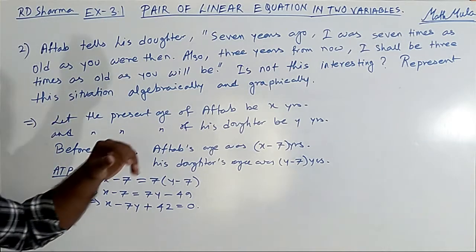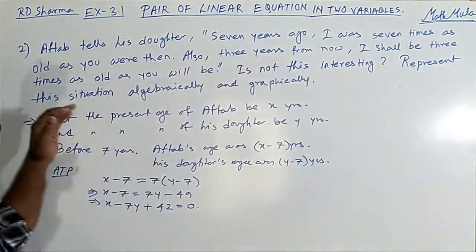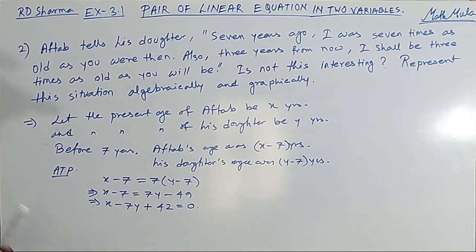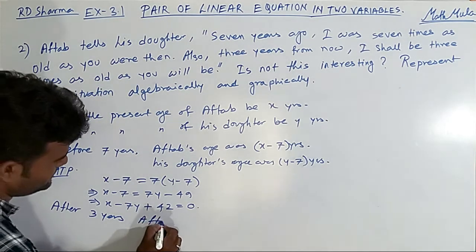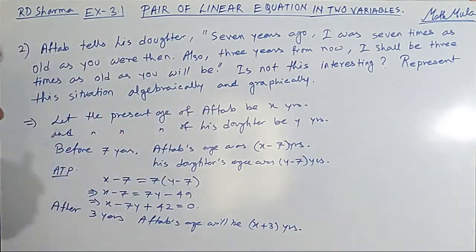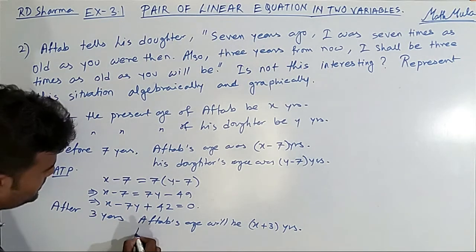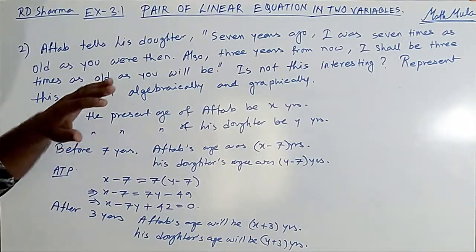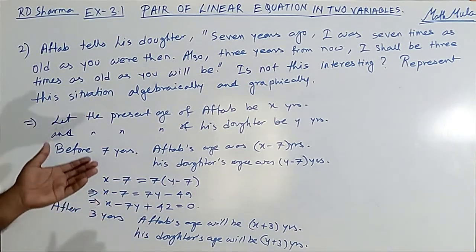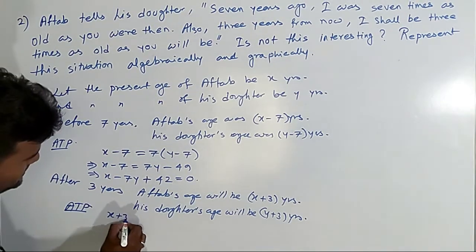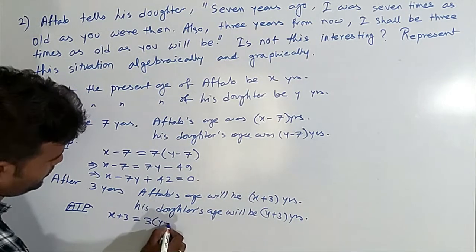The second condition, 3 years from now, I shall be 3 times as old as you will be. That means after 3 years, Aftab's age will be x plus 3 years, because the present age is x, and his daughter's age will be y plus 3 years. According to the problem, Aftab's age is 3 times his daughter's age, so x plus 3 is equal to 3 times (y plus 3).